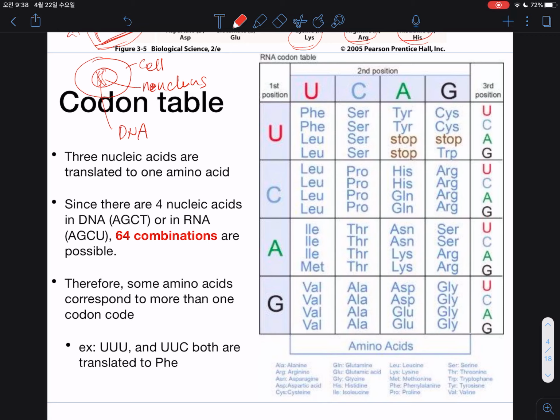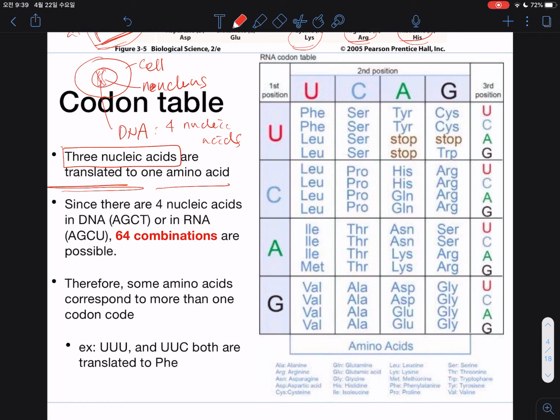And DNA consists of 4 nucleic acids, right? Based on the combination of these 4 nucleic acids, these are translated to amino acids. And it is known that 3 nucleic acids are translated to 1 amino acid.